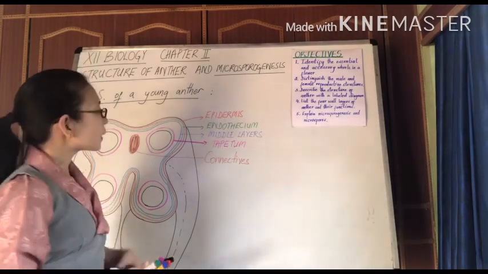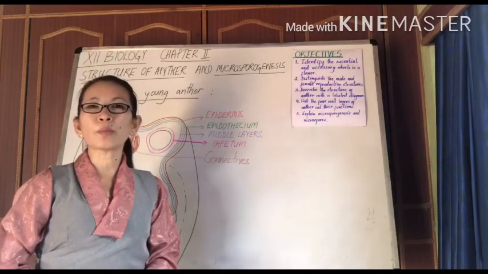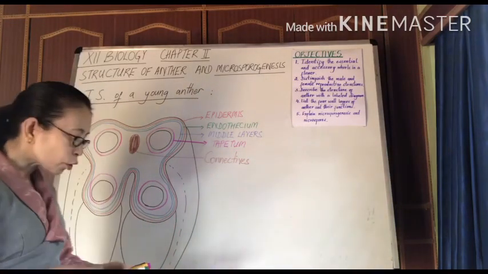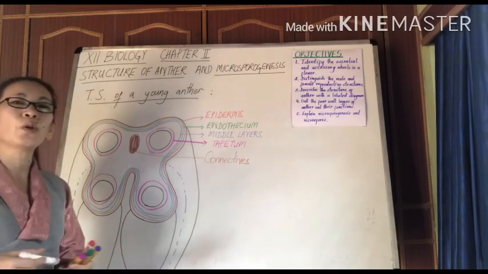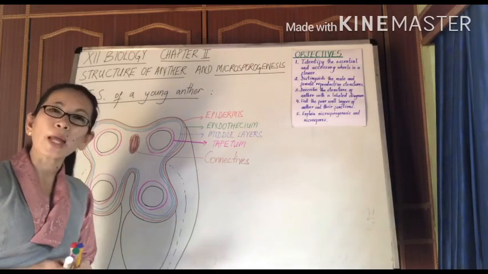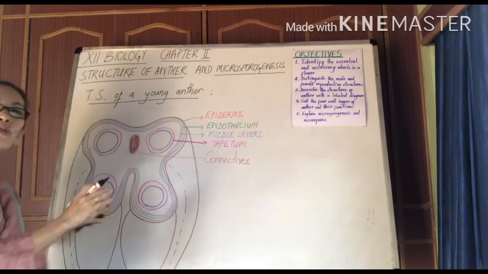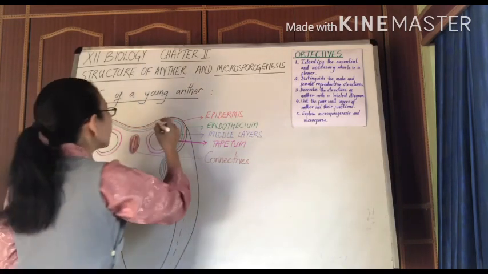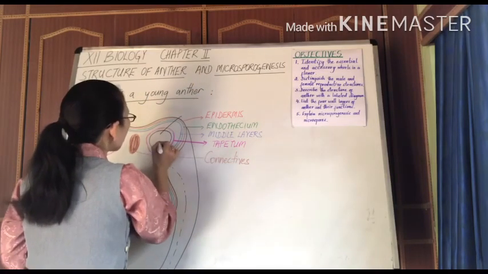Right? Now this is an important figure which is commonly even asked in your CBSE board question paper. So we can have an enlarged view of such a TS of an anther. I'm going to show just a part of it because we cannot draw the whole figure.